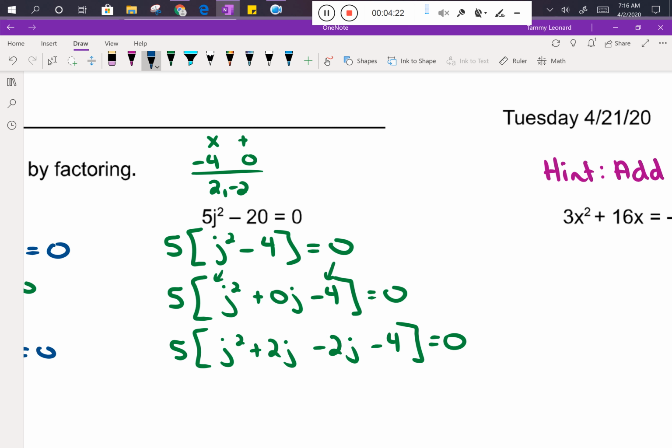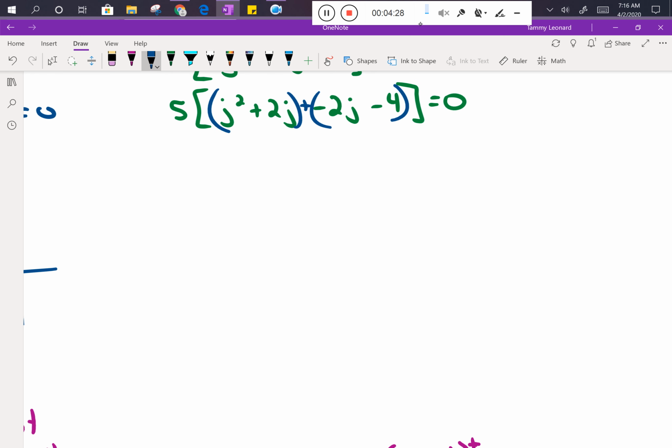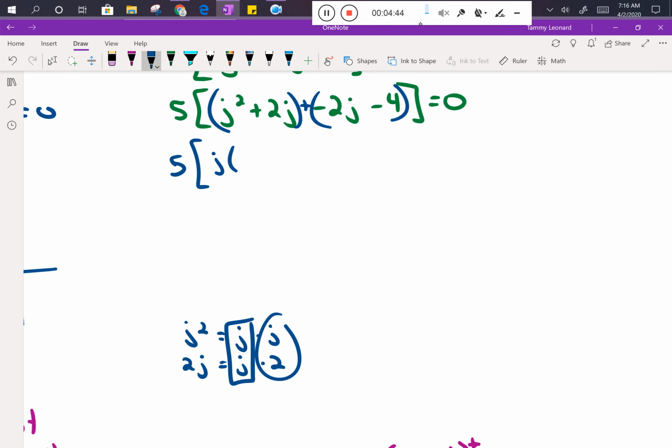And then we're going to go ahead and make the sum of two binomials and look at our GCFs. Well, j squared and 2j are both divisible by j and need a j and a 2 to multiply back to their original parts. So outside the brackets we have the 5, and now inside we have a GCF of j and a binomial factor of j plus 2.